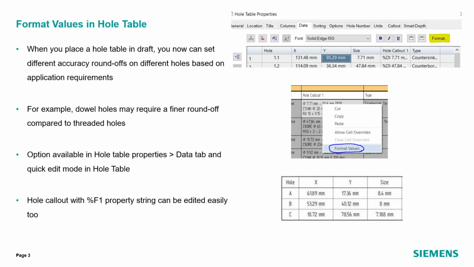For example, as you can see in the screenshot, we have a table in the edit mode, and once you do a right click, you can simply go to the option that says format values and change the accuracy for that specific cell. Something similar can be achieved from the hole callout with the property string, and that can be edited easily too.